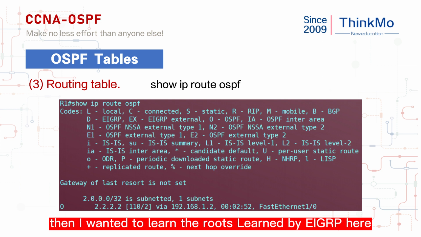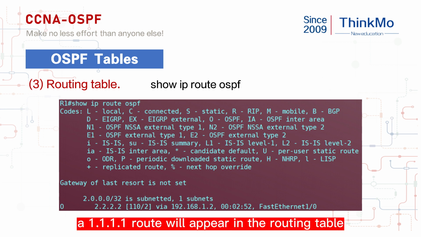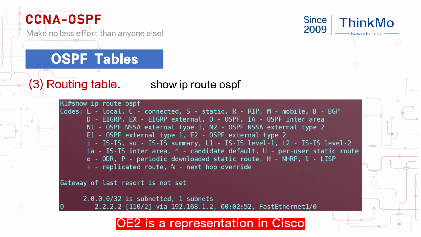I want the routes learned by EIGRP here, so I'll redistribute them in. This is also known as route redistribution. If there is a 1.1.1.1 route here, a 1.1.1.1 route will appear in the routing table. OE2 is the representation in Cisco.